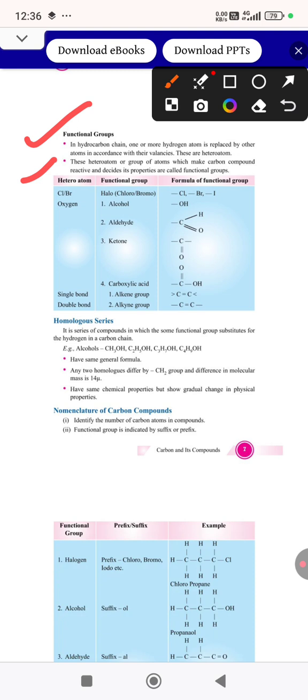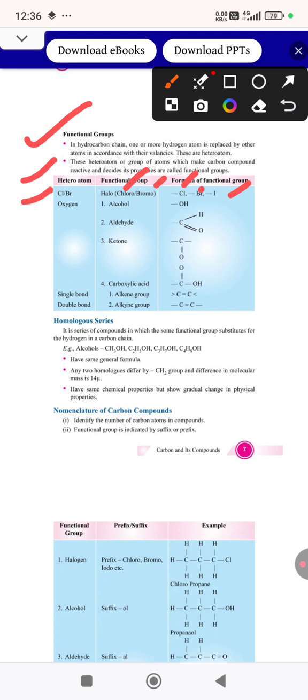For example, heteroatoms chlorine or bromine are called the halo group, and for chlorine we can write chloro. For bromine we can write bromo, and the formula is Cl, Br.